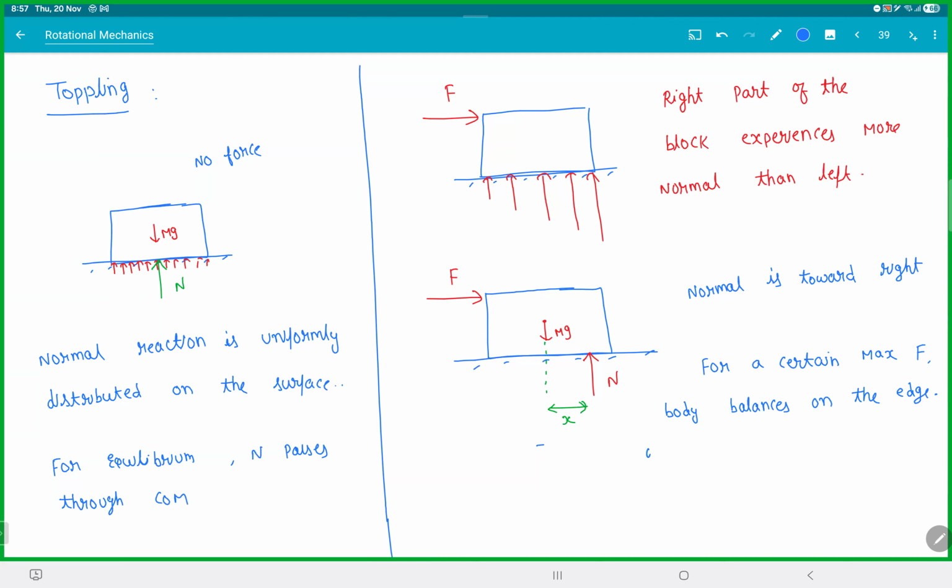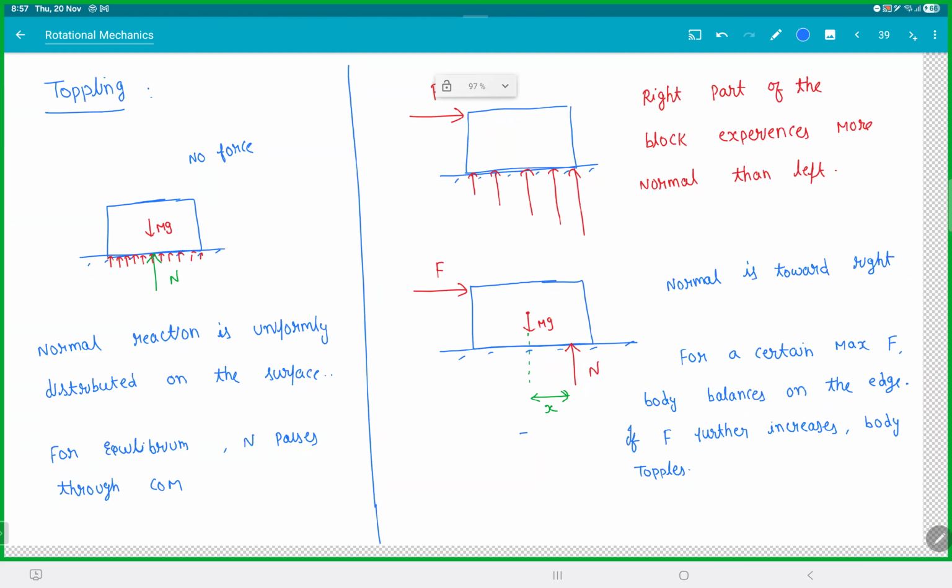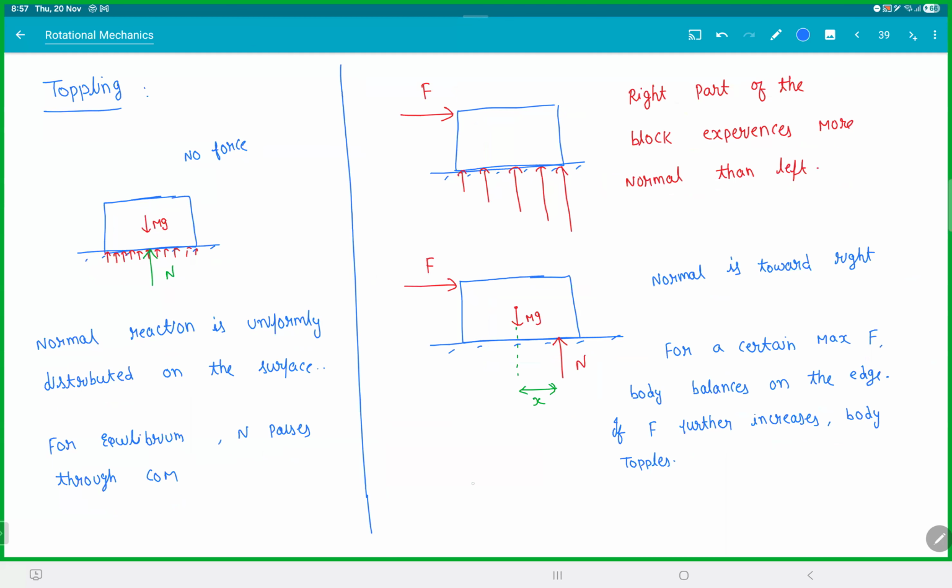And if F increases further, the body topples. So whenever they say in the question that the body is about to topple, then you have to draw the FBD like this. You should just know how to draw the FBD under what scenario. So this whole body is just standing on that corner. So your normal reaction will shift to this corner.